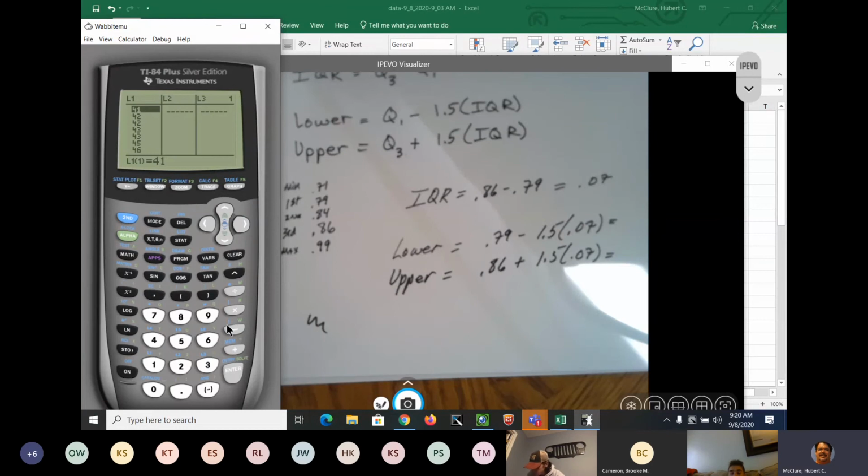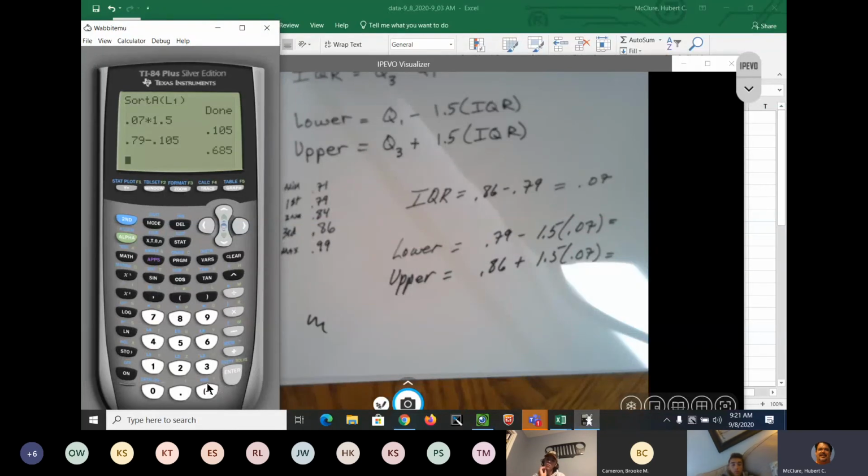That's going to be 0.07 times 1.5, plus 0.79. I'm sorry, that's minus. So 0.79 minus 0.105 is 0.685. So that's the lower bound.